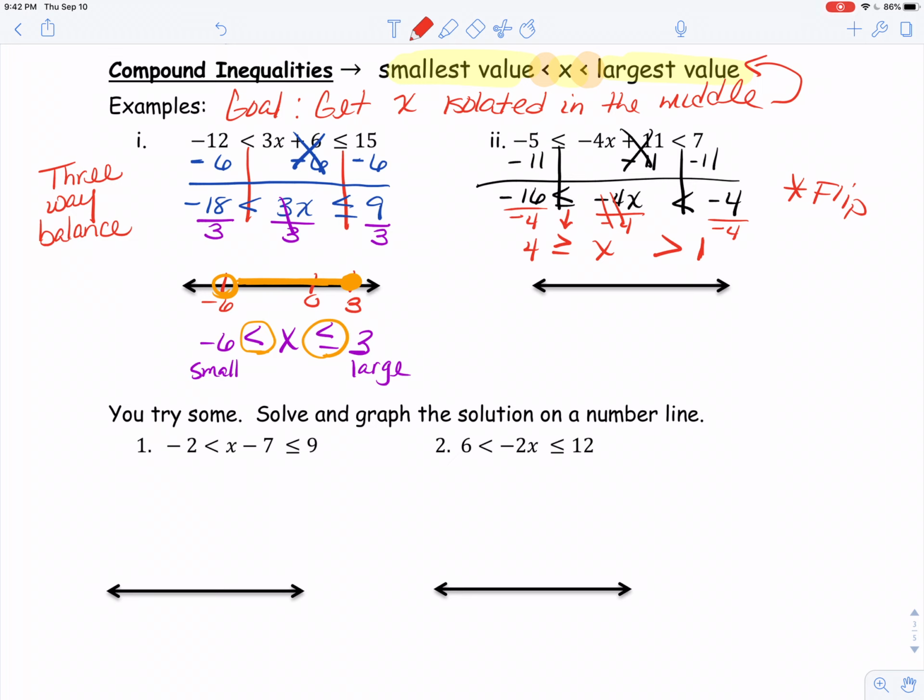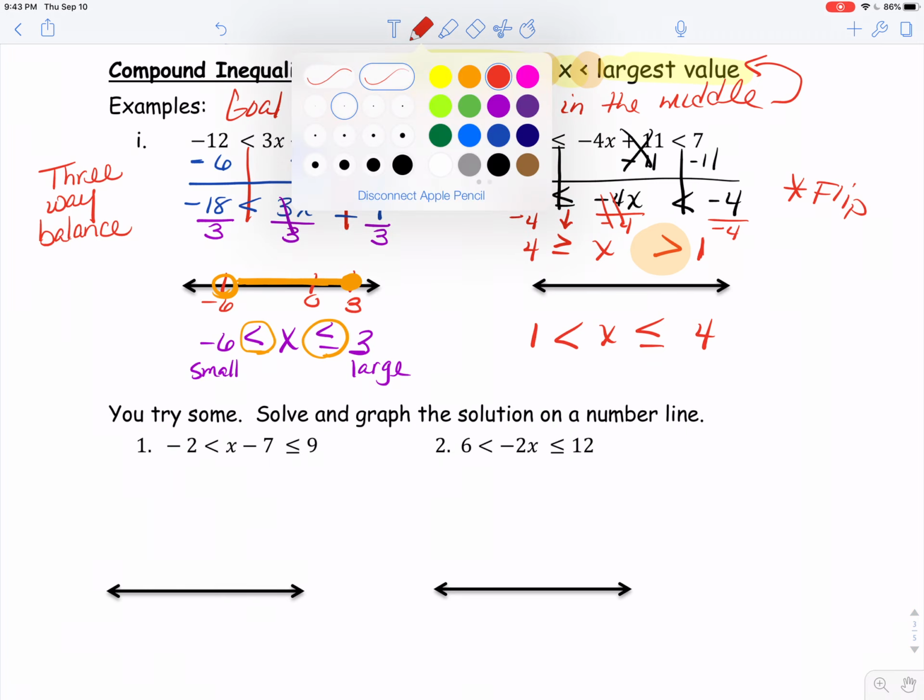We don't have the smallest number, x, and then the largest number, so we're going to need to turn that around. 1, x, 4. What kind of symbol is between 1 and x? It doesn't have the equality, and the mouth is trying to eat the x. What's between the x and the 4? It's got the equality symbol, and it's trying to eat the 4. So it is turned around, and now we're ready to graph.